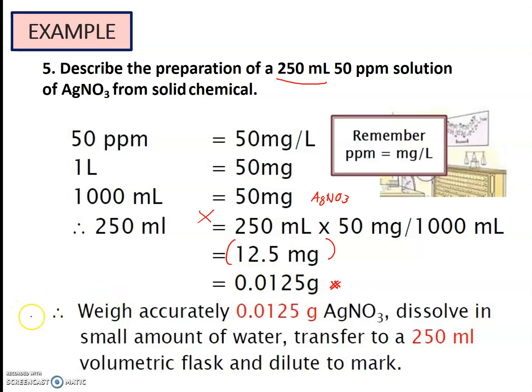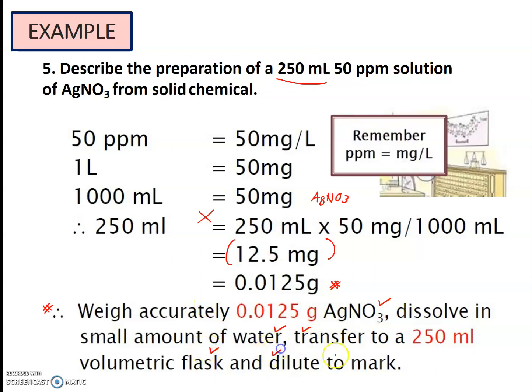Now the sentence part. Don't forget this is the question, describe the preparation. So weigh accurately 0.0125 gram silver nitrate, dissolve in a small amount of water. Next transfer to 250 ml volumetric flask.